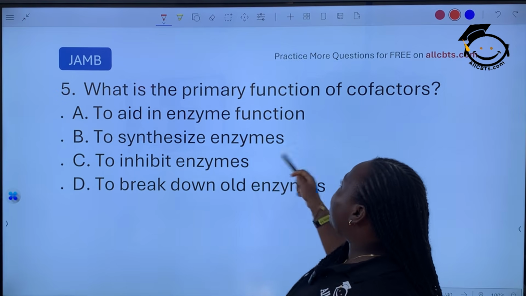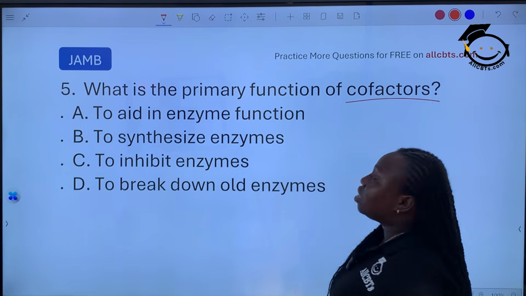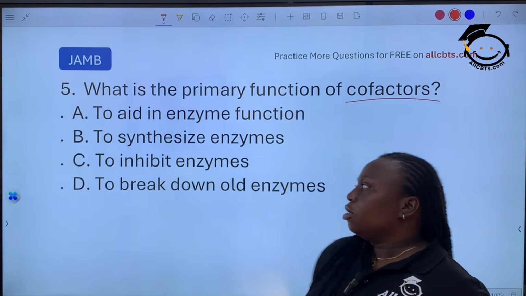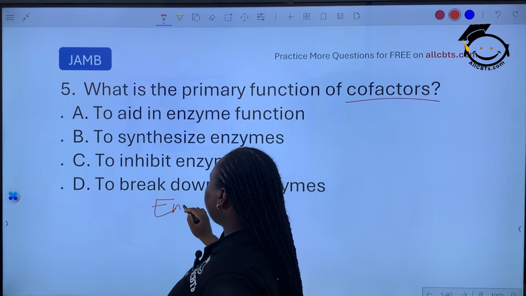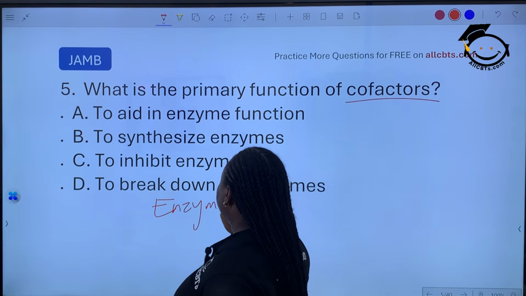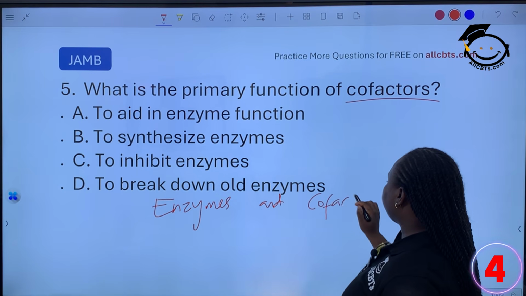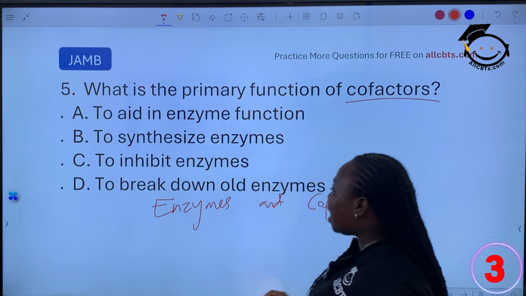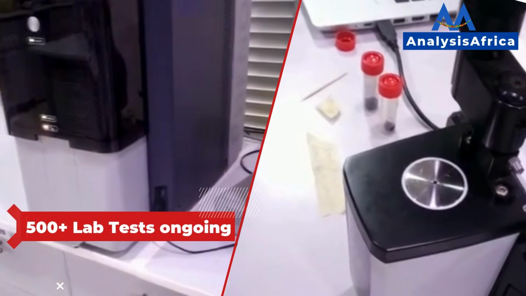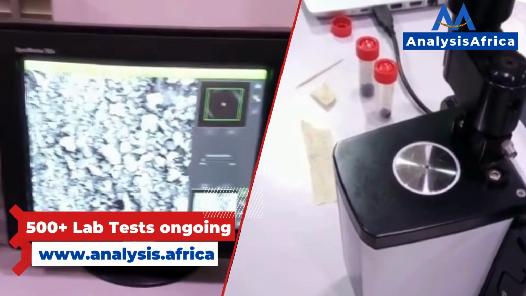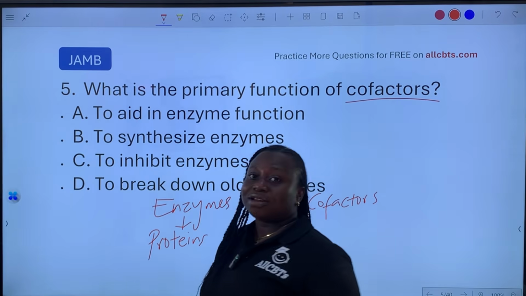Number 5, what is the primary function of cofactors? Now, what are cofactors? We now know that we have enzymes and we have cofactors. Now, enzymes are proteins.